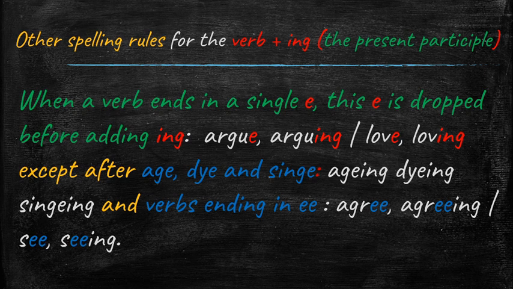We don't change anything, we just add ing, even if these verbs end in e, but this is an exception. And also verbs ending in double e: we don't drop the e or change anything, we just add ing. For example, agree, agreeing, see, seeing.